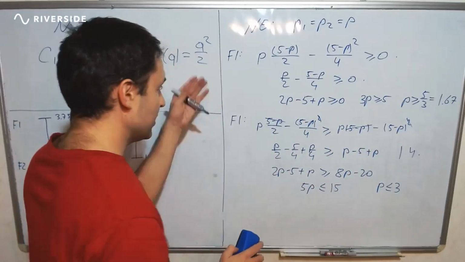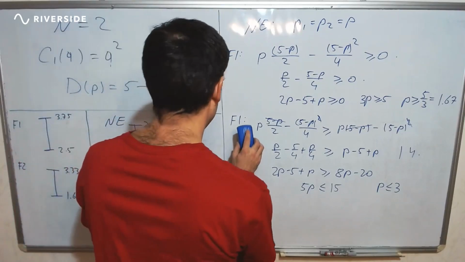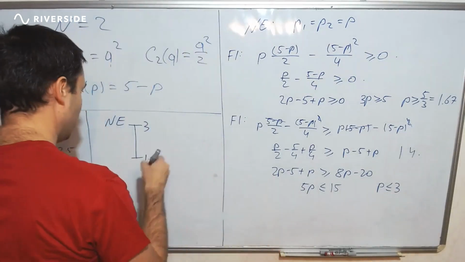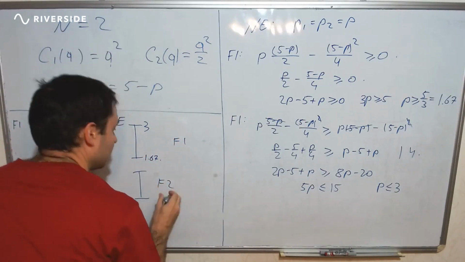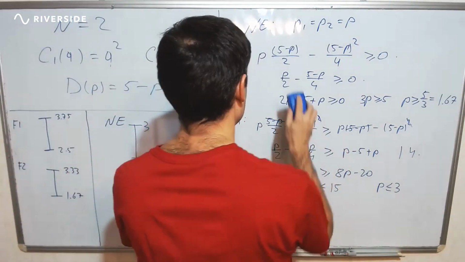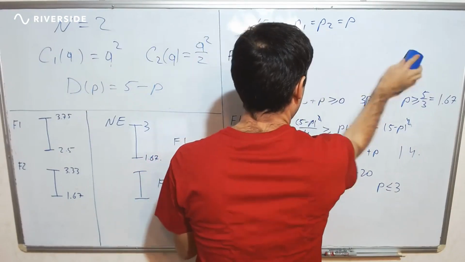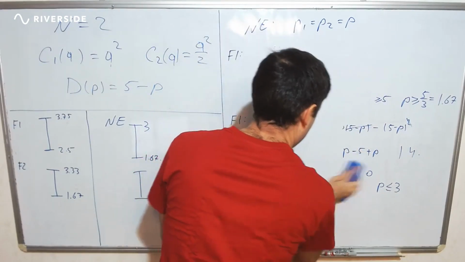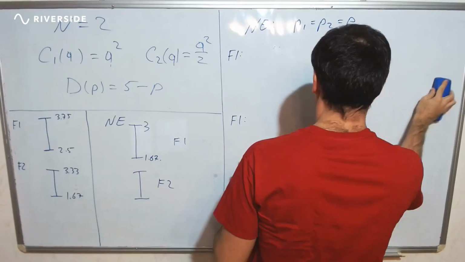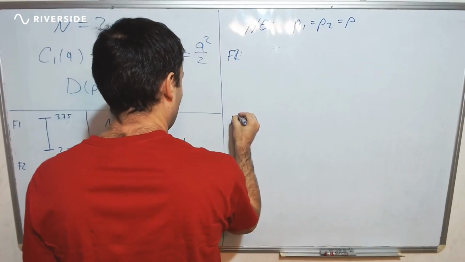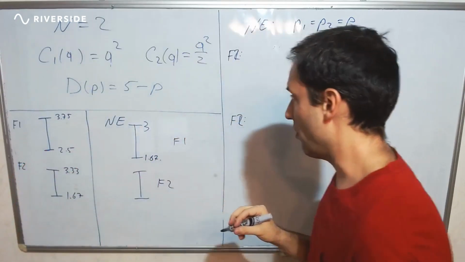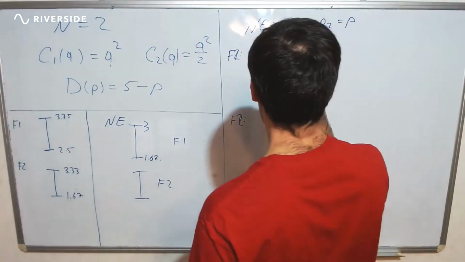So now we have to repeat this exercise for firm 2. So that was firm 1, and let's do firm 2. And we go through the same steps. First, we derive a condition at which firm 2 is profitable.